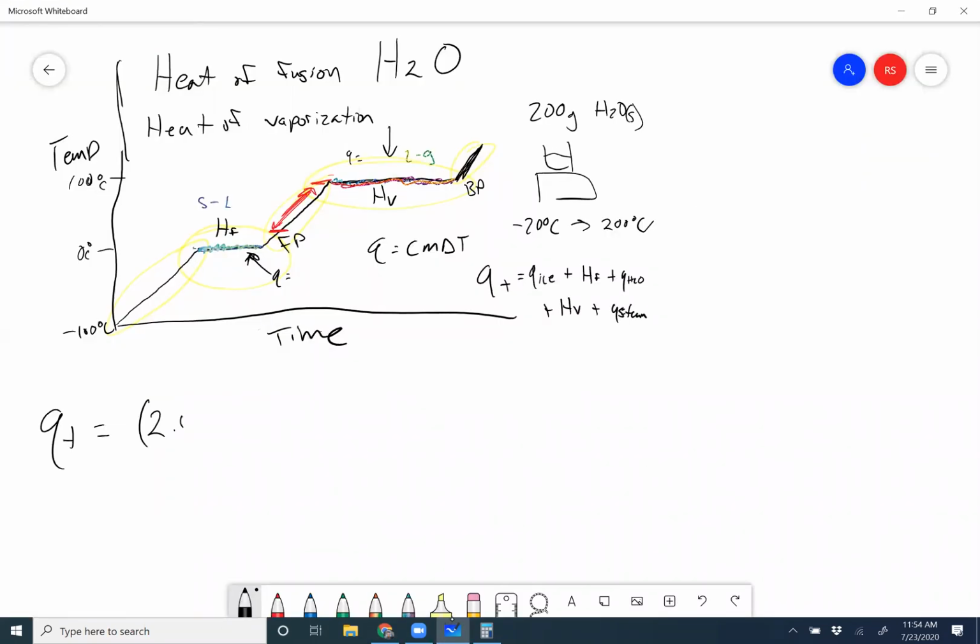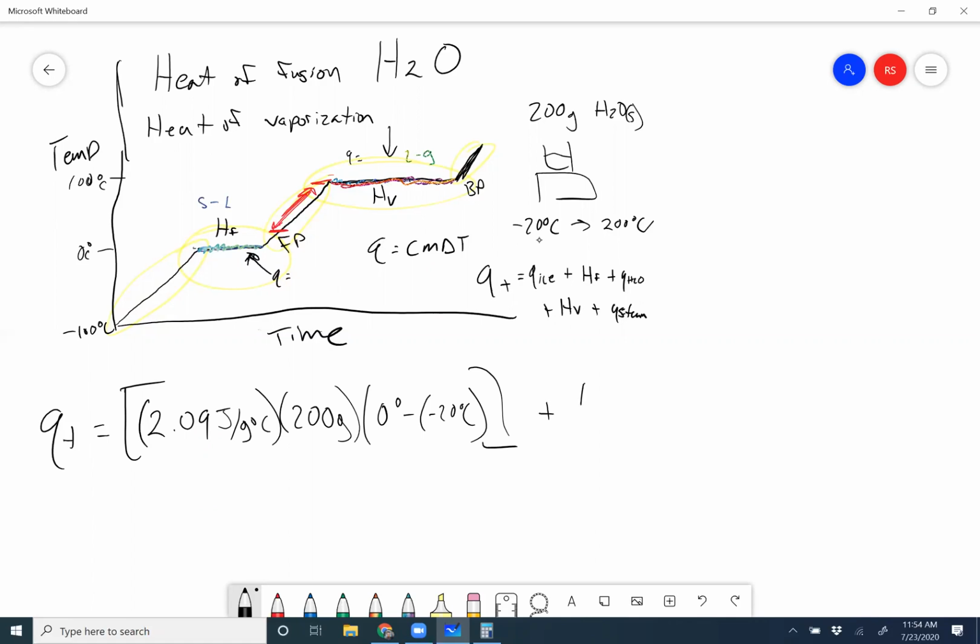So that would be 2.09 joules per gram degree C. We would then multiply that by the 200 grams of our ice and our temperature change. And our temperature change is -20 to ice's temperature, which is 0. So minus 20, so plus 20. So that would be the Q equals Cm delta T of the ice.